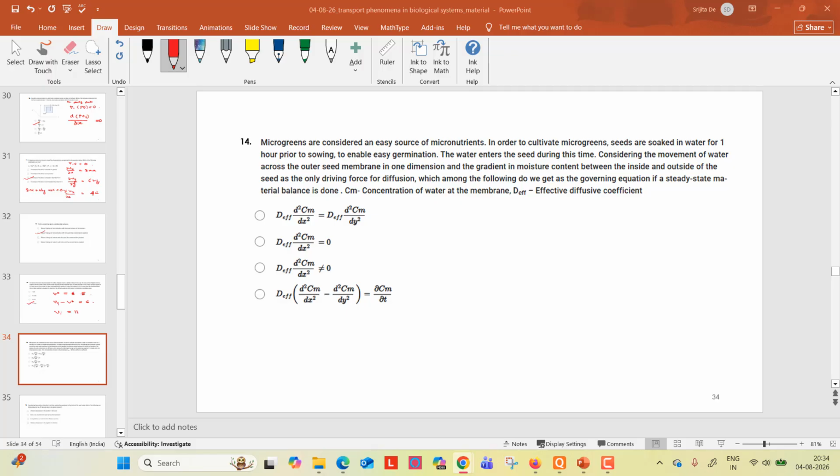Which among the following do we get as the governing equation if it is a similar kind of problem? So it will be as it is. Option B. D effective into d square c/dx square equals to 0.